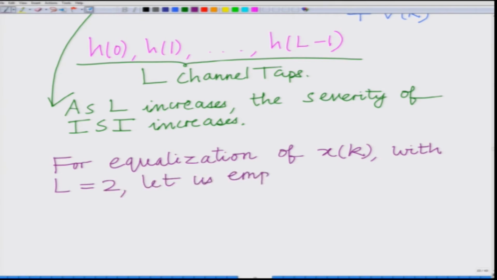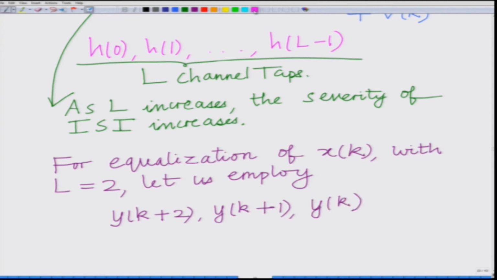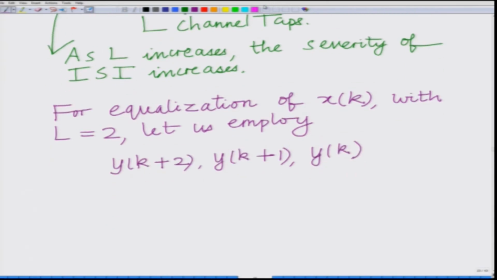Let us employ yk plus 2, yk plus 1, yk, that is, we are employing 3 symbols, or r equal to 3 symbols.